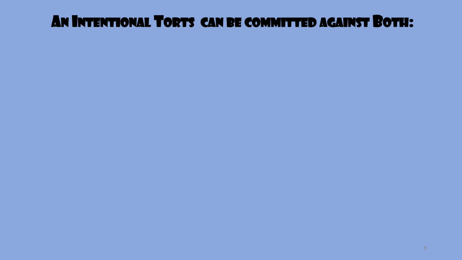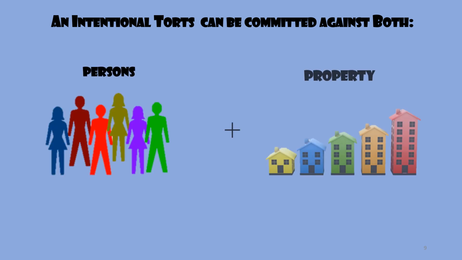Now, intentional torts can be committed against both persons and property. Obviously, when a tort is committed against property, it is in fact committed against the person that owns the property. But the reason why you have this distinction is because when you commit a tort against a person, that means you actually injure that person's physical or mental body.